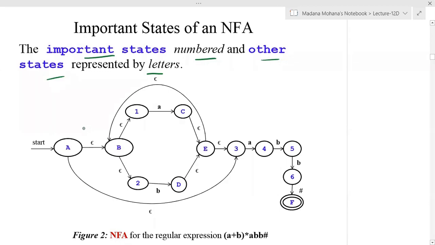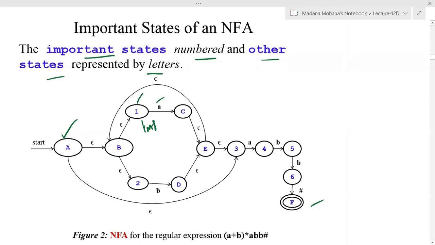The initial and final states can't be represented with numbers. Why? Because by default, those are important, other than those two. Here A is the start state, F is the final state. Wherever the inputs are labeled, the state from which the input is represented is designated as an important state. From state 1, the input is labeled with a, so state 1 is an important state.